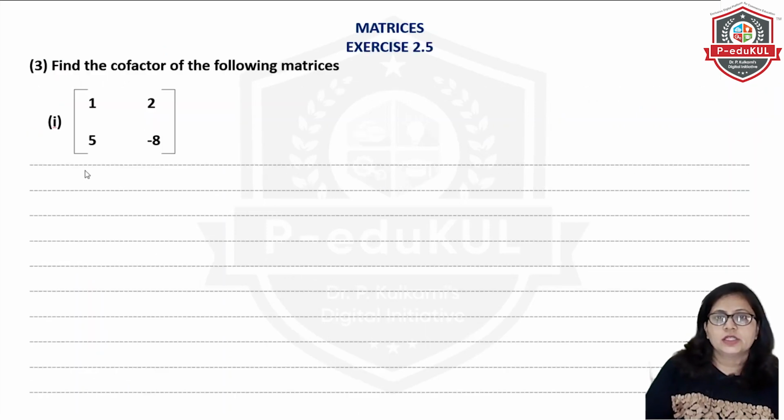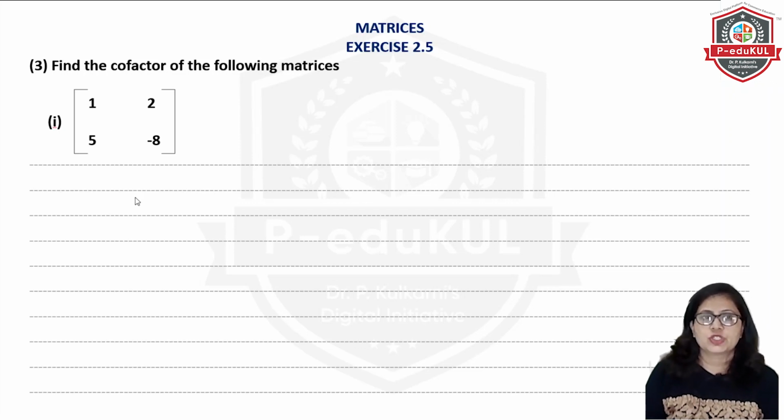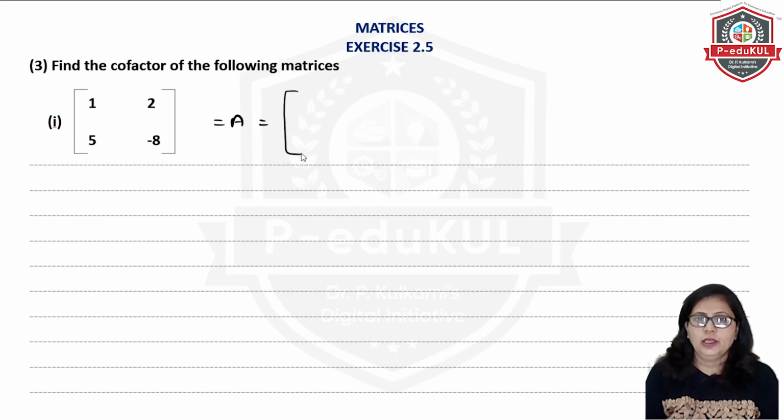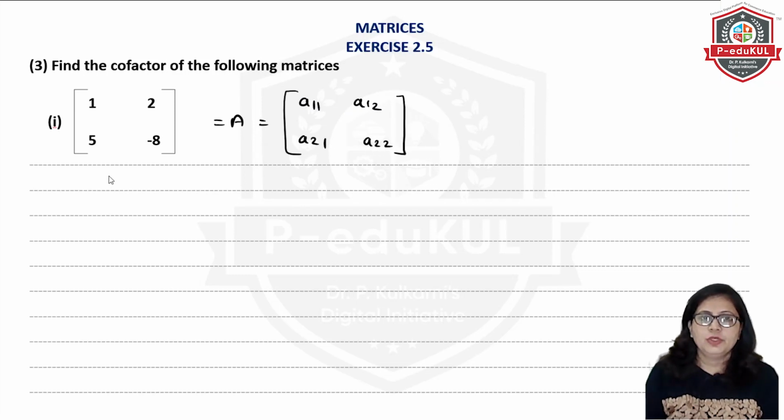So आइए चलते हैं exercise 2.5 का first question करेंगे. So what is the question? Find the cofactor of the following matrices. इसके cofactor निकालने हैं. तो first I'll write this matrix as A, and then this is A11, A12, A21 and A22. ओके, अब ये इसके माइनर्स मैं डायरेक्ट लिखूंगी. तो minor of this one will be -8.